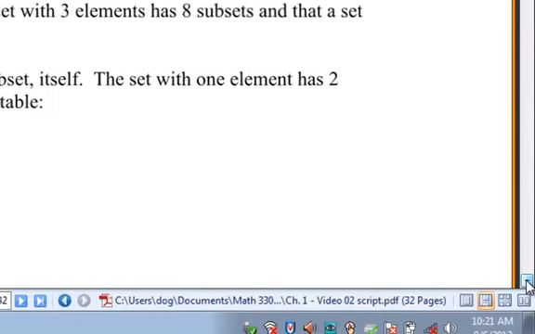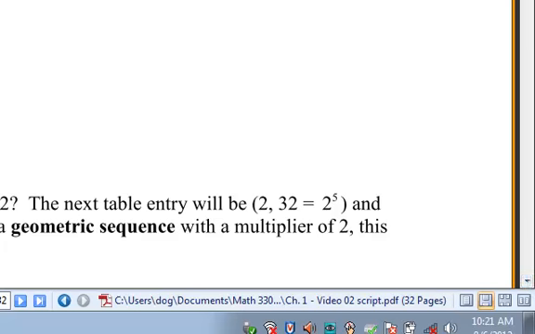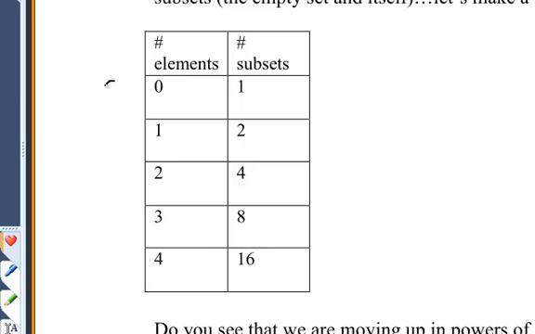Let's go back. Let's make a chart of this. The empty set, a set with no elements, has one subset, itself. A set with one element has itself and the empty set, 2 subsets. A set with 2 elements, we just did that above, it has 4 subsets, and note that 4 is 2 squared.